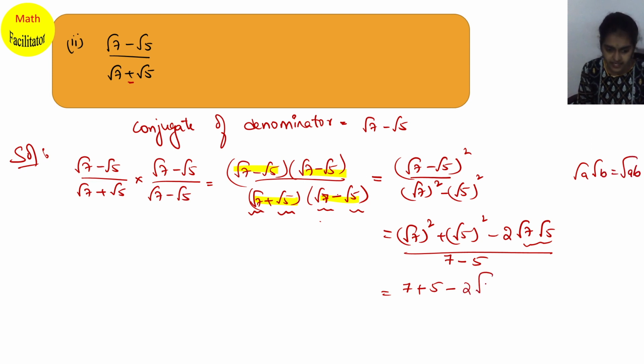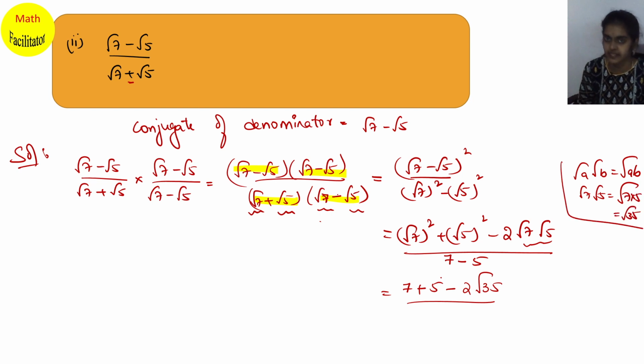So I can write this as root over 35. 7 5s are 35. Divided by 7 minus 5 is 2. Right? So now that is equals to 7 plus 5 gives me 12 minus 2 root 35 divided by 2.